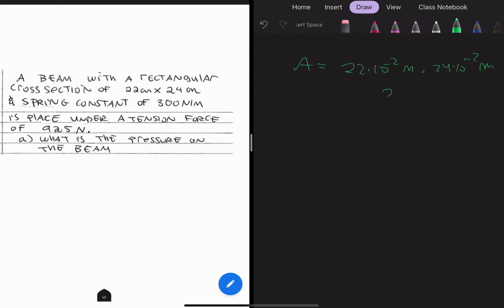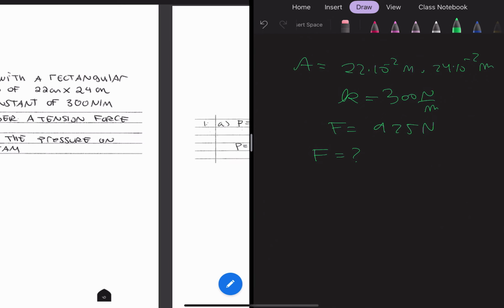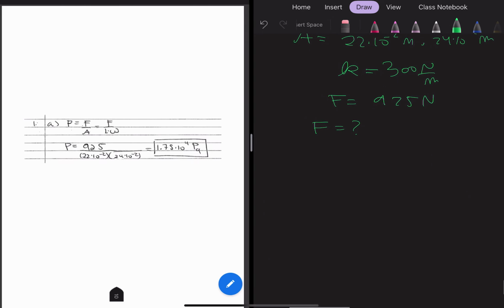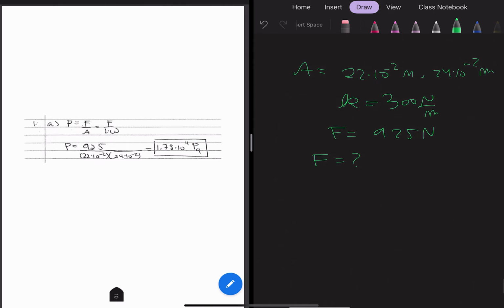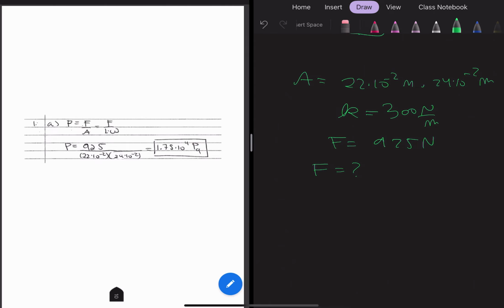And you have 300 Newton meters, so that's the spring constant. And you have 925 newtons, so that's a force. And we're trying to find the pressure. So here, we had more information than we needed.